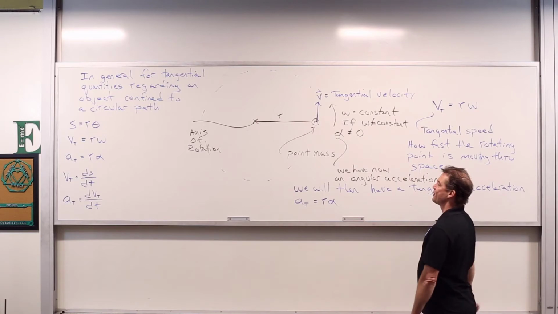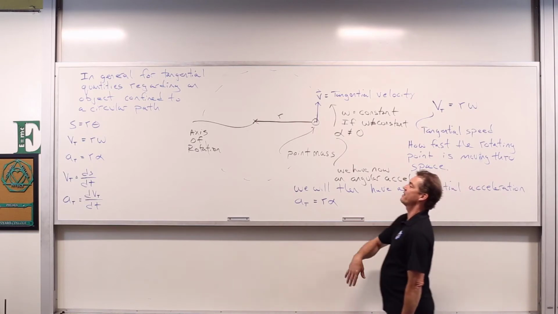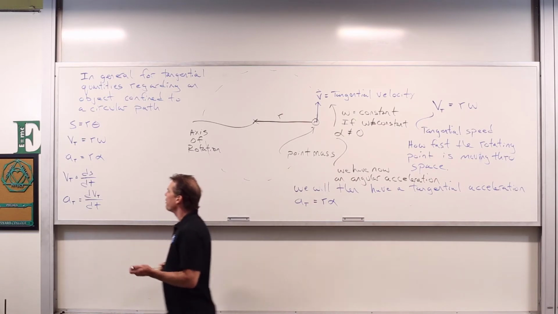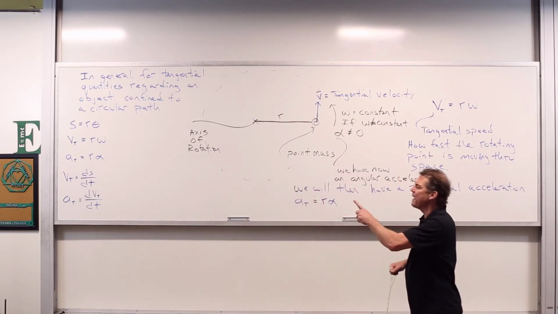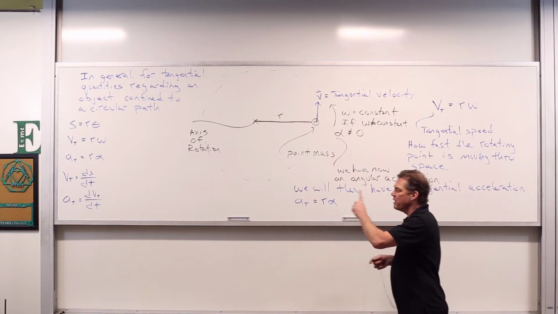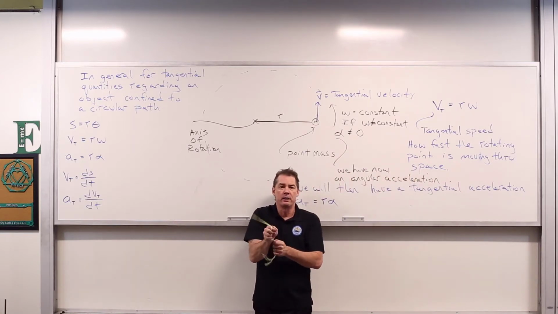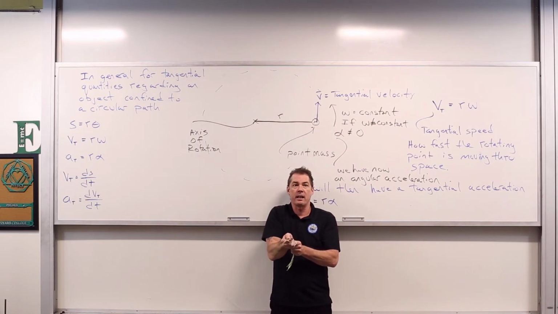Definitely not. So at this point, we want to ask ourselves something else. Yeah, we've got some tangential quantities. Are there any other types of acceleration? What if I say that an object is actually rotating at a constant angular rate? So we'll just say that this object right now, this point mass that has some radius of curvature, is rotating with a constant omega, constant angular velocity.